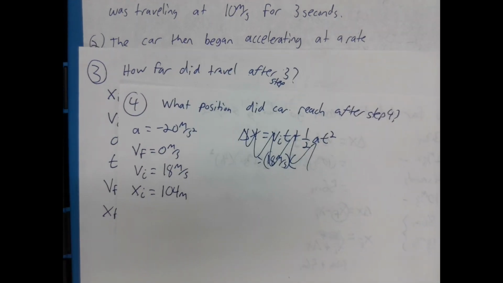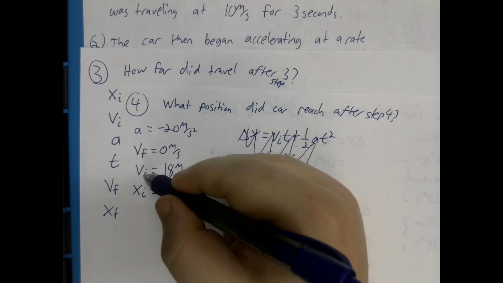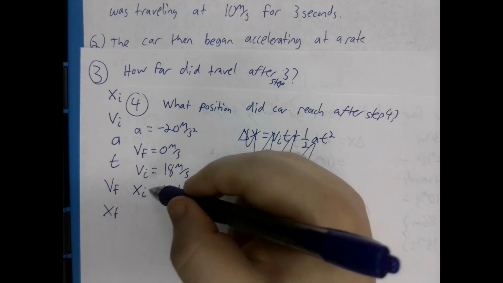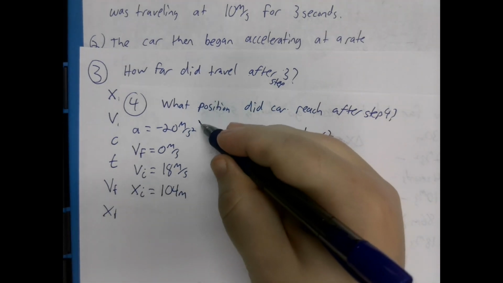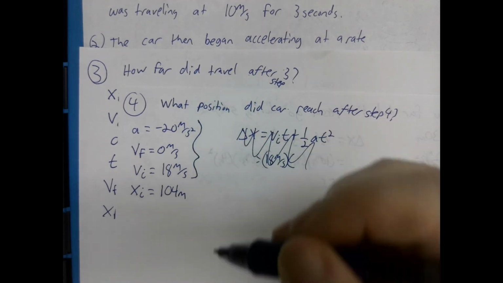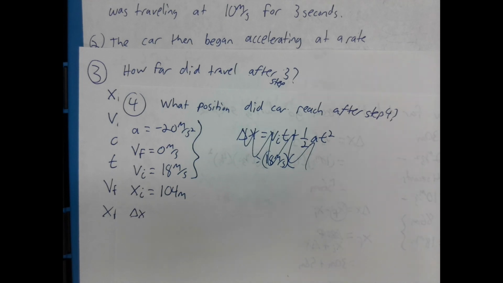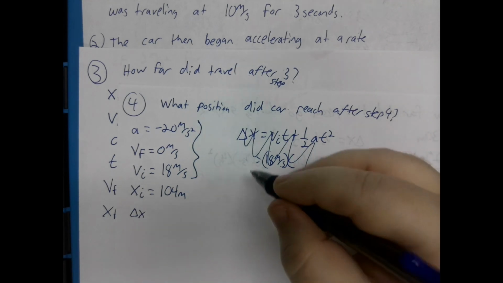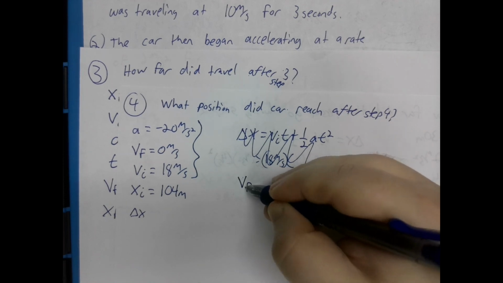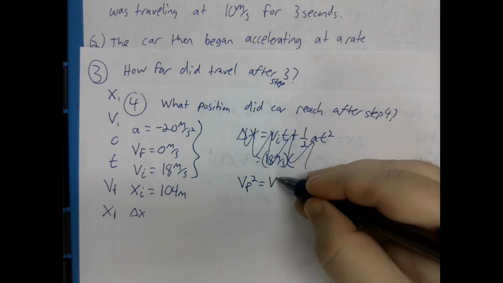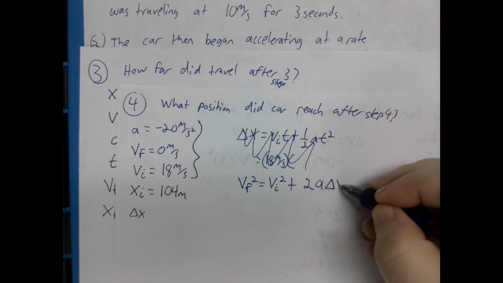What do we know? We know acceleration, we know vf, we know vi, and we know xi. These are going to be our primary, and we're looking for delta x, the change. So, which equation will we use? We use the fourth one. Vf squared equals vi squared plus 2a delta x.